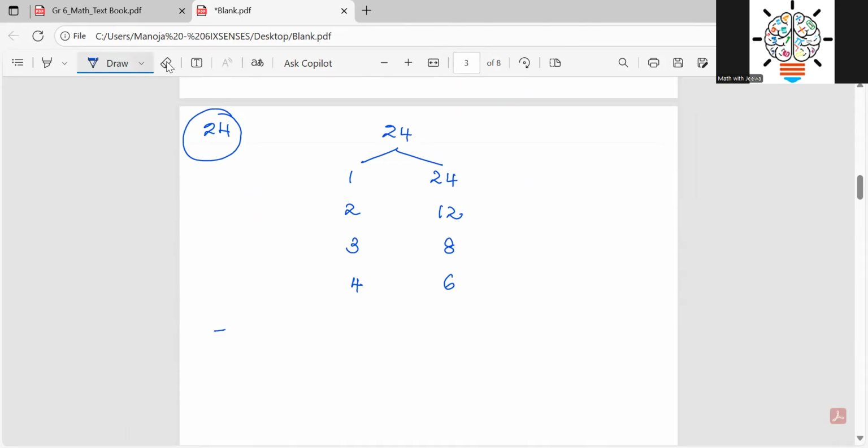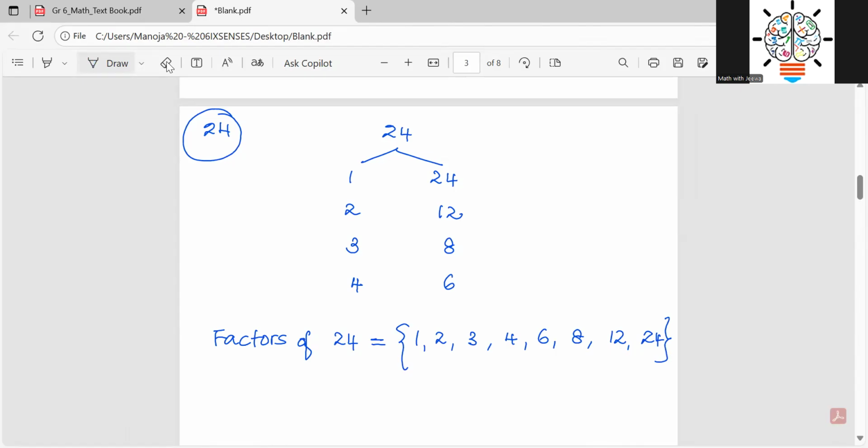Then I write factors of 24. Then I open the curly bracket. So 1, 2, 3, 4, 6, 8, 12, 24. Right? Then you close the bracket.